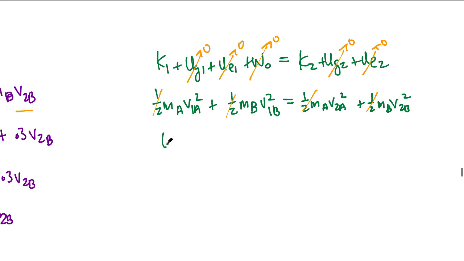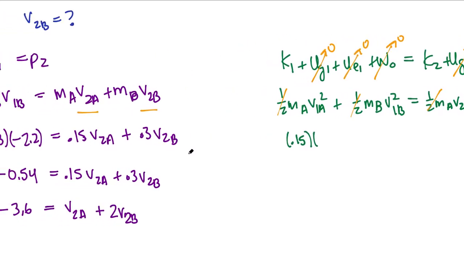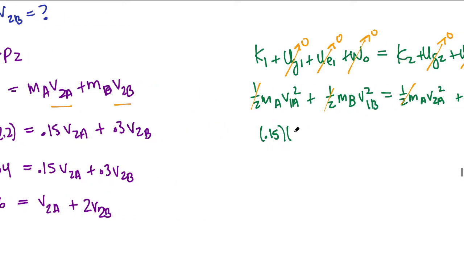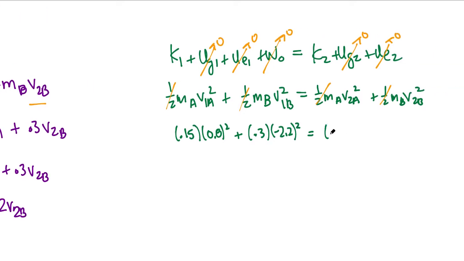So I have, for mass A, 0.15 times v1a, which is positive 0.8 squared, plus mass B, which is 0.3, times v1b squared, which is negative 2.2 squared, equals 0.15 times v2a squared, plus 0.3 times v2b squared.